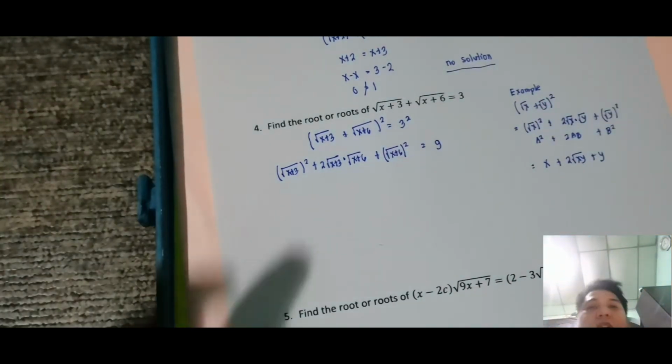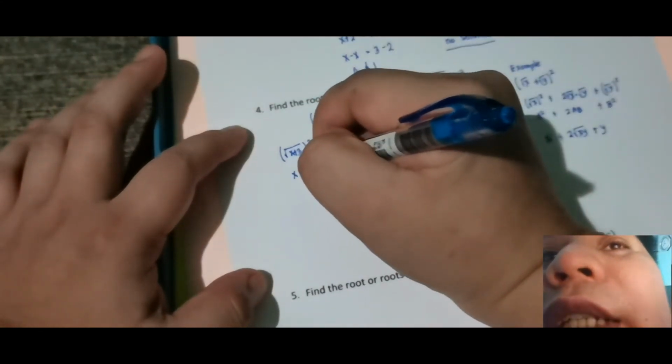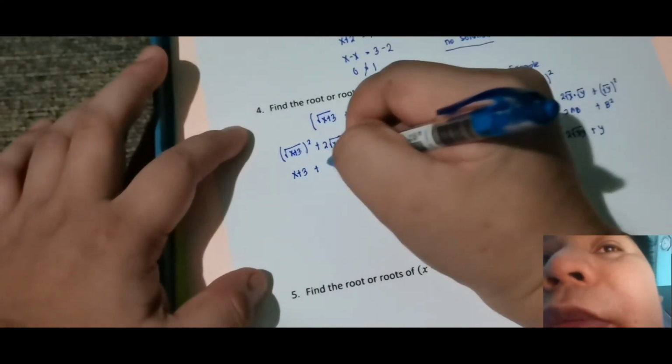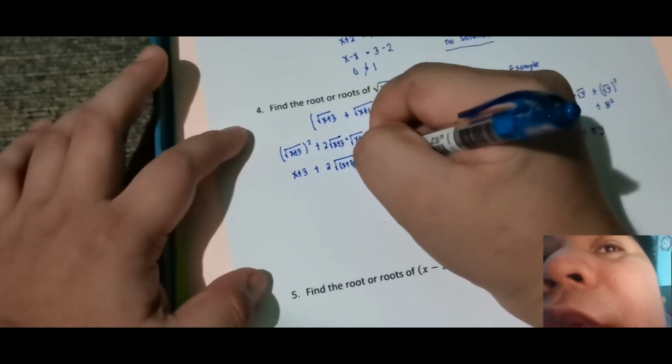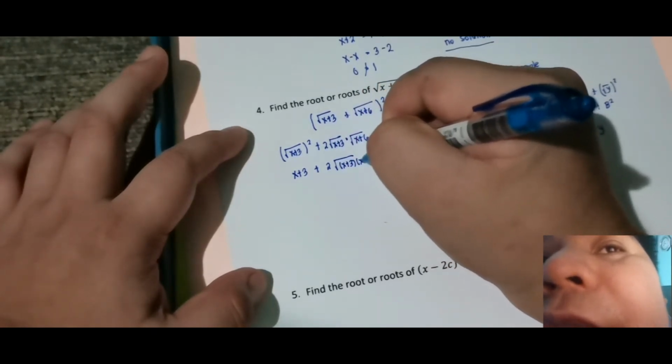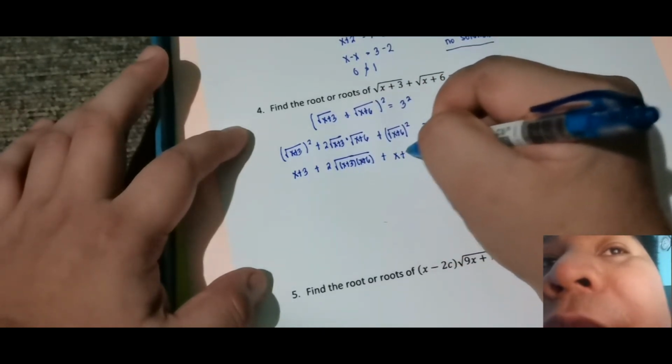Okay, next, pag in-square natin both sides o pag natanggal square root, this is x plus 3 plus 2 square root ng x plus 3 times x plus 6, plus x plus 6 equals 9.